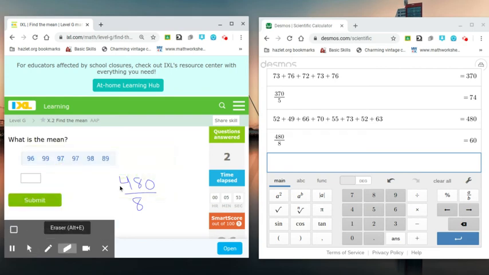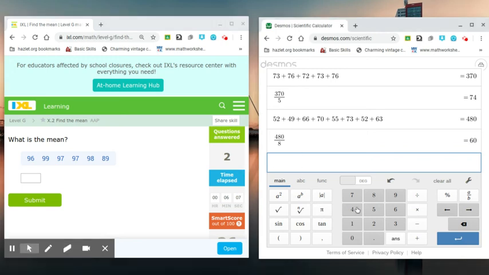Okay, let me erase this. I'll do one more with you guys. Okay, so again, find the mean. We have to add all these numbers together and then divide by how many we have. So in my calculator, I'm going to go 96 plus 99 plus 97 plus 97 plus 98 plus 89.